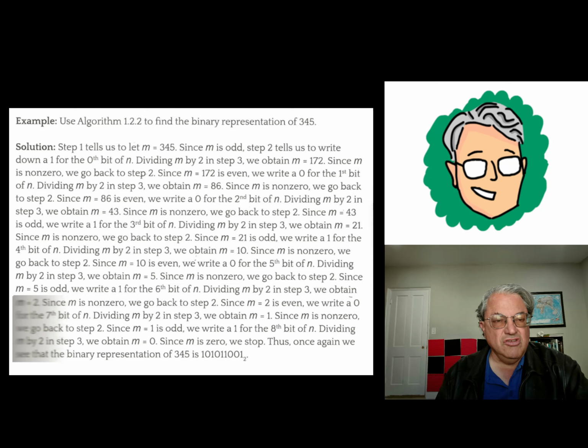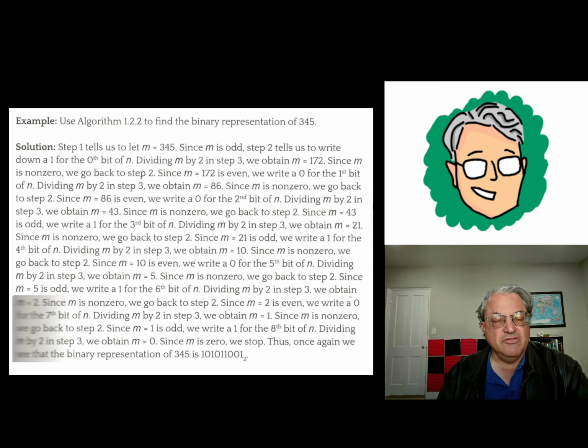And then you do this again. 86 divided by 2 is 43. And 43 is odd, so you write a 1. And then you take the floor of 43 over 2, which is 21. Again, that's odd, so you write another 1, and then you take the floor of 21 over 2, which is 10, and that's even, so you write a 0.